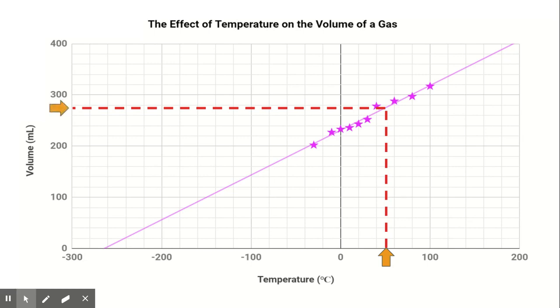That value right there is about 275 milliliters. So I'm predicting that when the temperature is 50 degrees Celsius, this gas has a volume of 275 milliliters. I am predicting a point that is between known data points within my range of known data. So in this case, it is an interpolated point.